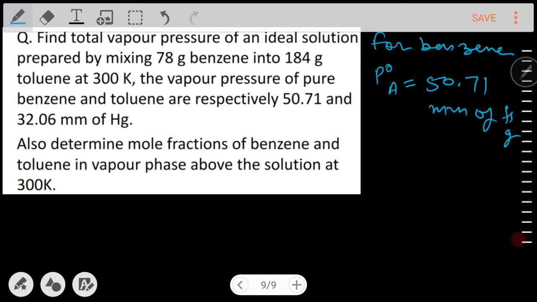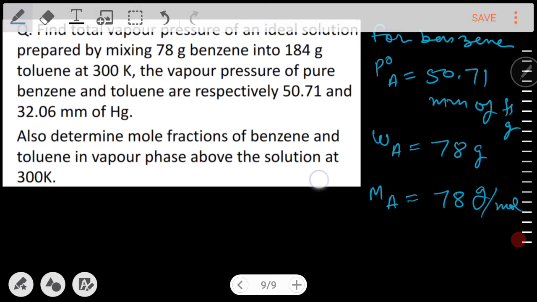Then its mass is given, means WA is given, that is 78 gram. Molar mass of benzene means Ma is also 78 gram per mole.